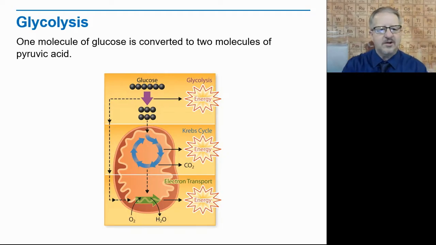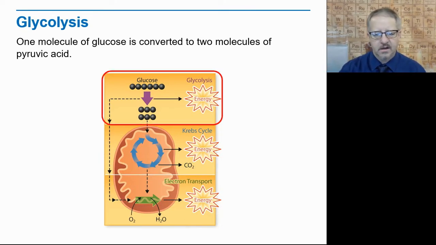All right, so let's take a look at the three stages of cellular respiration. We're going to start with the first stage, which is called glycolysis. Glycolysis begins with one single molecule of glucose, and that glucose is a 6-carbon compound.